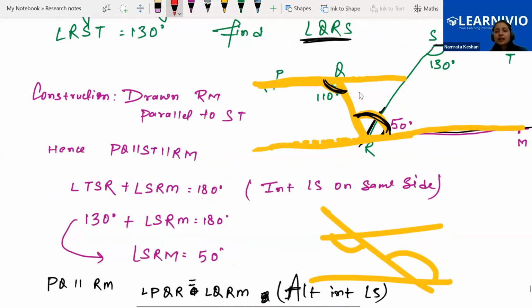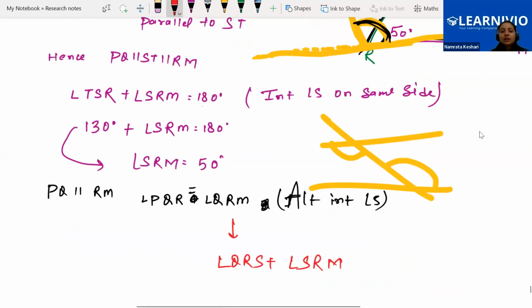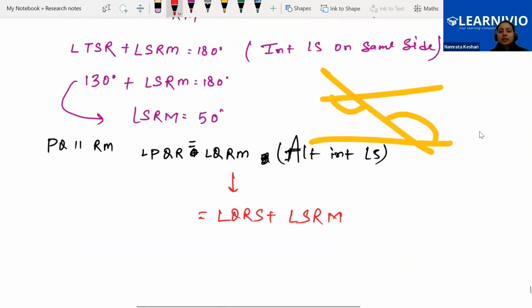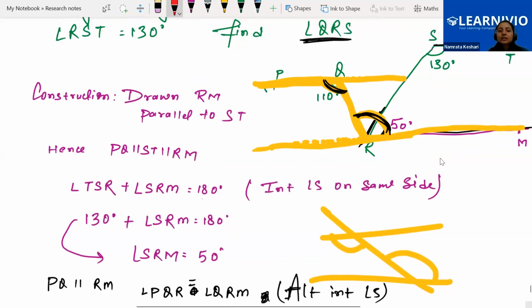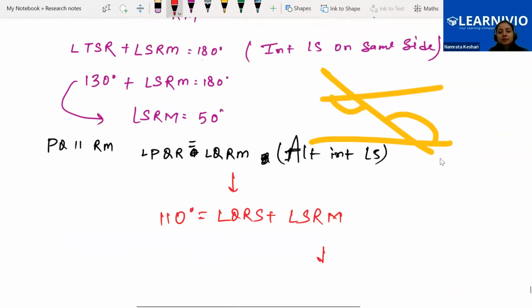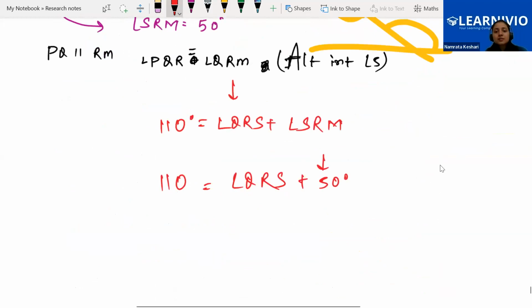The total angle is nothing but QRS plus SRM. Okay. Here we know this is 110 degree. Here we know that SRM we have already found, that is 50 degree. Angle QRS is asked in the question, which we have to find. Find it. Angle QRS. Tell me what are you getting.